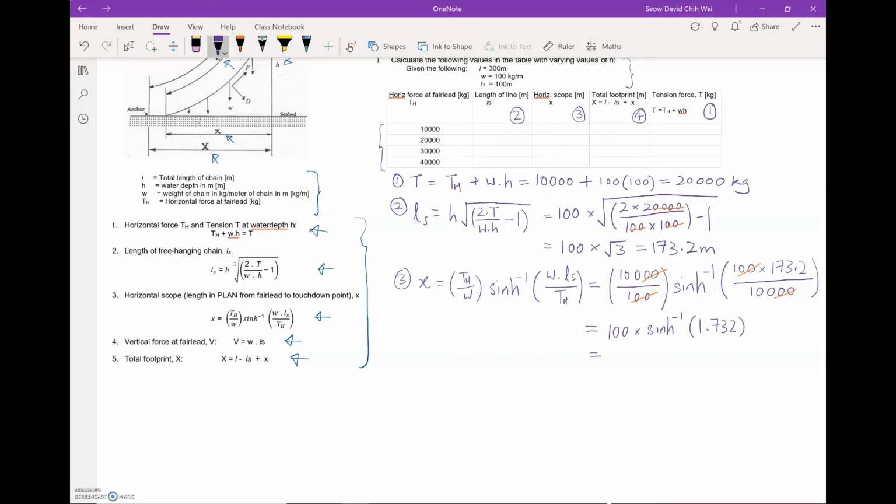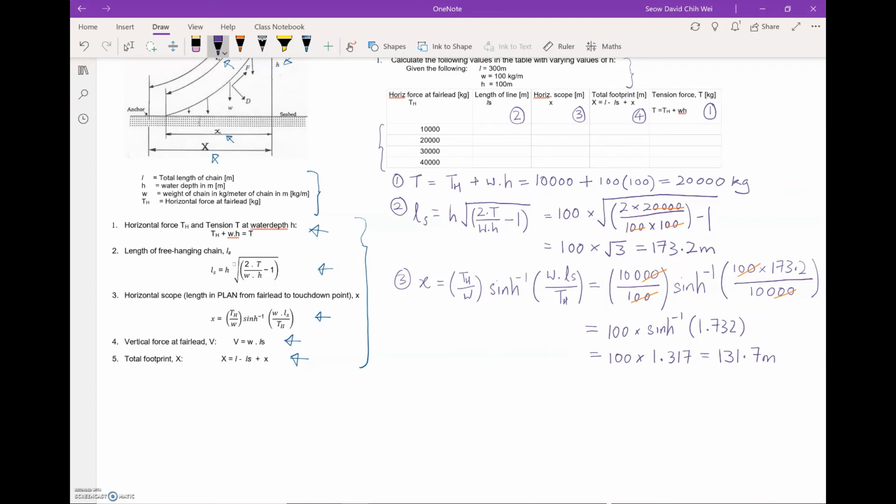In the next video you'll see how we could use the calculator to do this, and we will have the value 1.317, and it's given finally as 131.7 meters. So this is the horizontal scope of the mooring system.